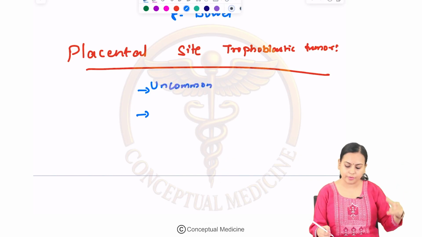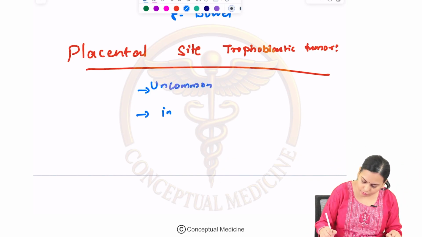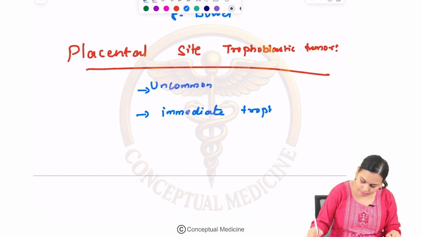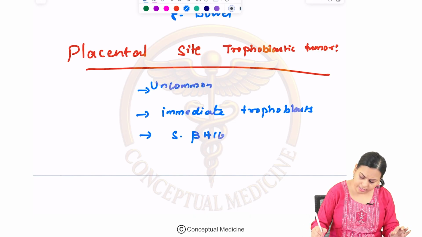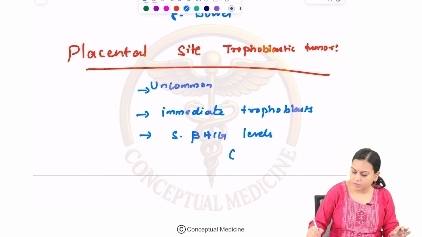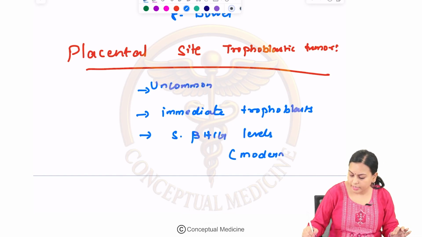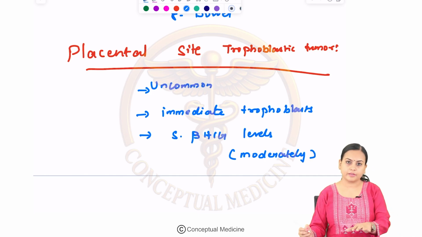From there a tumor will arise and it will mostly consist of intermediate trophoblasts, and in this condition the serum β-hCG levels are moderately elevated. Clear?